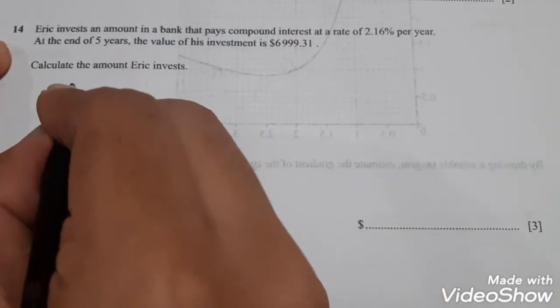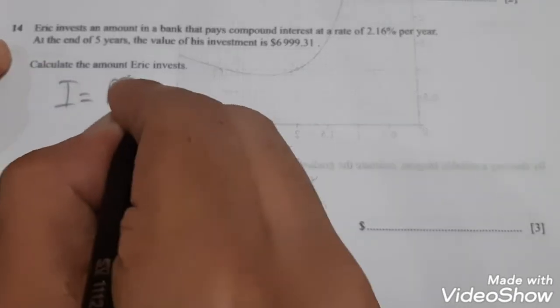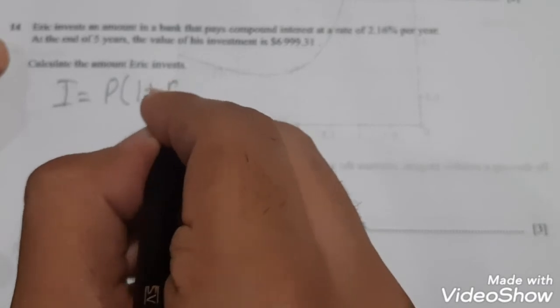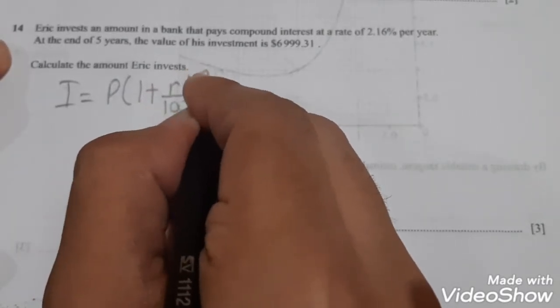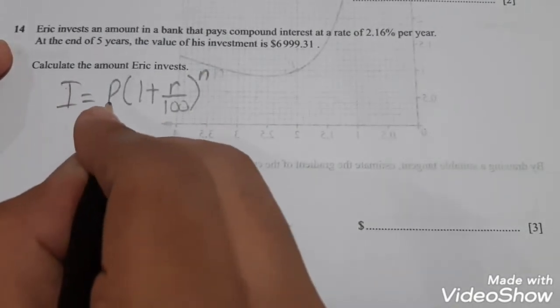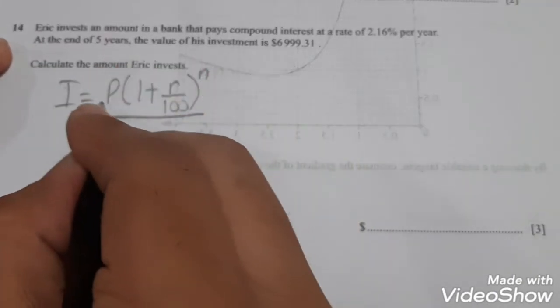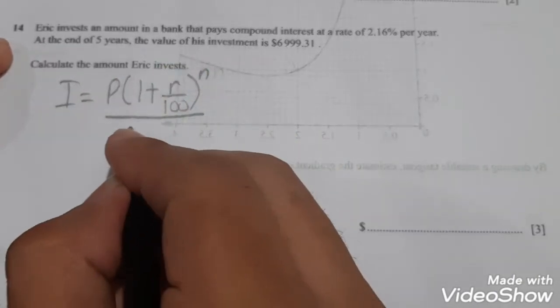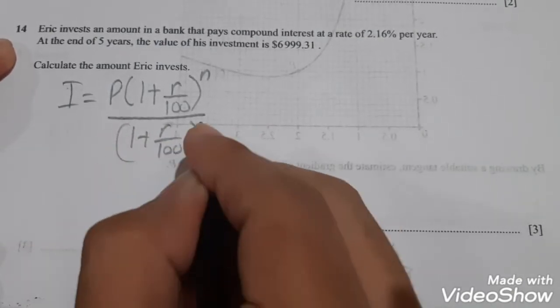So the formula for compound interest is I is equal to P multiplied by (1 + R/100) to the power of n. As we don't know the value of P, we will isolate P and divide the whole equation by (1 + R/100) to the power of n.